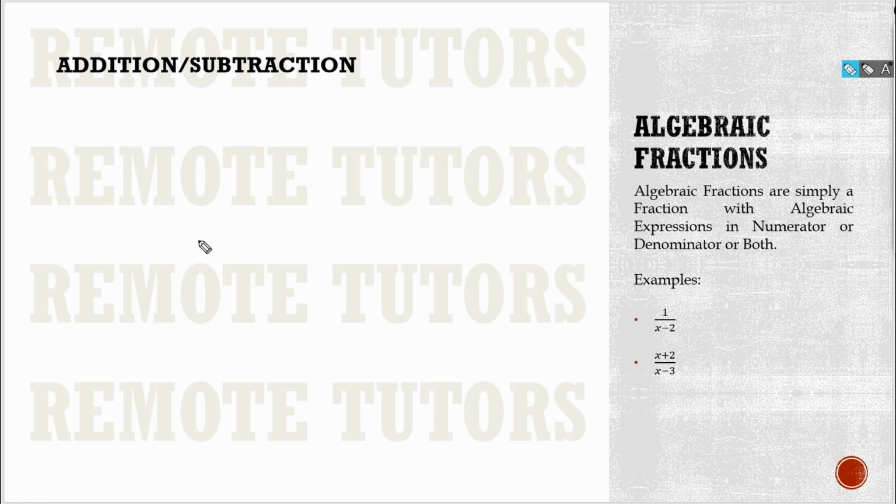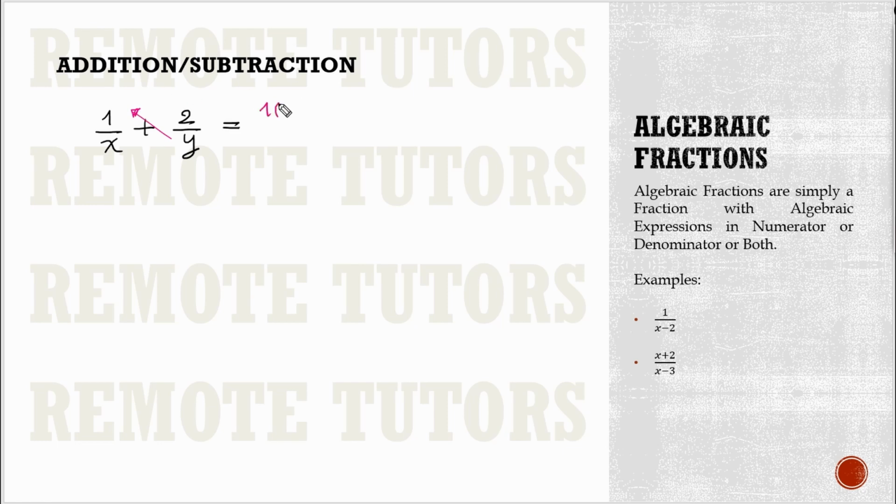Addition and subtraction of algebraic fractions is another popular type of problem on the SAT. So let's see how it works. In order to find the sum of 1 over x plus 2 over y, you will do the following.